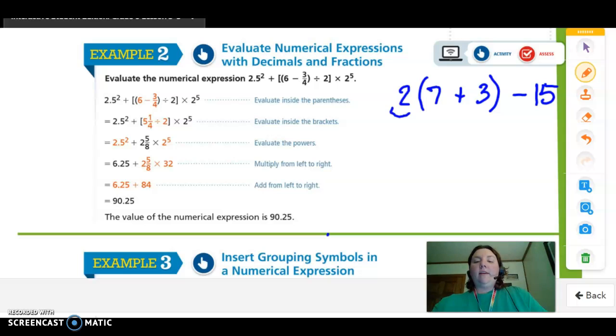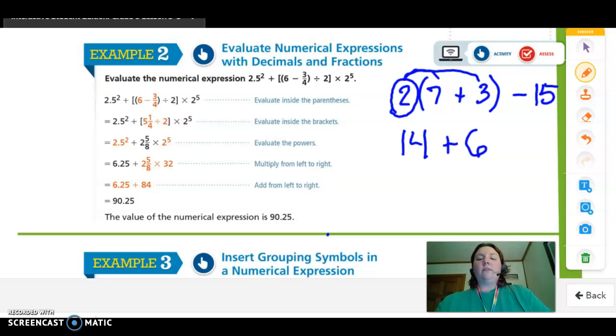Or I could take this number that's outside the parentheses and I could distribute it in. Distributing means that we're going to multiply into the parentheses. And 2 times 7 is 14, plus 2 times 3 is 6, minus 15. Now I can do my adding and subtracting from left to right, just like Aunt Sally says.